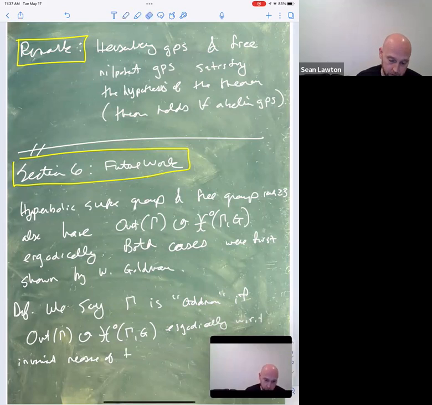You could always put a Dirac measure at the identity because the identity is fixed, and that won't be very interesting. So we want a measure of full support. Okay.